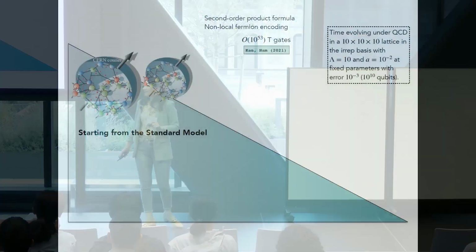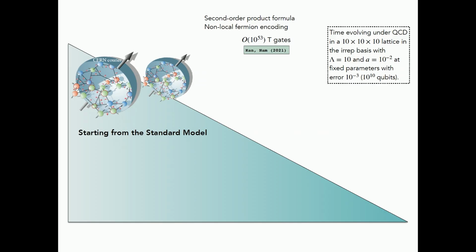So let's talk about this problem of starting from the standard model interactions. In this case, the strong force is the most complicated part of the standard model to simulate. It's an SU(3) gauge theory with all sorts of quarks in 3 dimensions and so on. So really, that's the dominant cost of simulating the standard model at the moment.